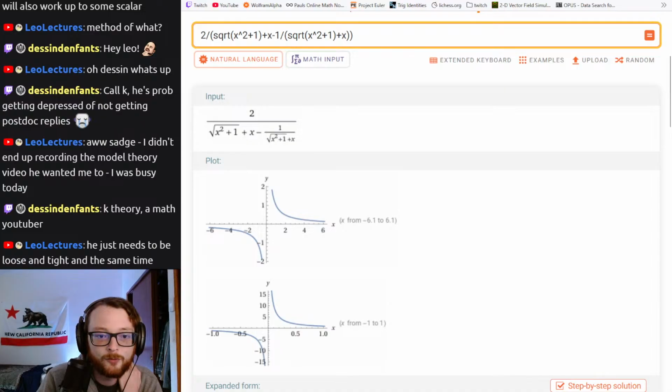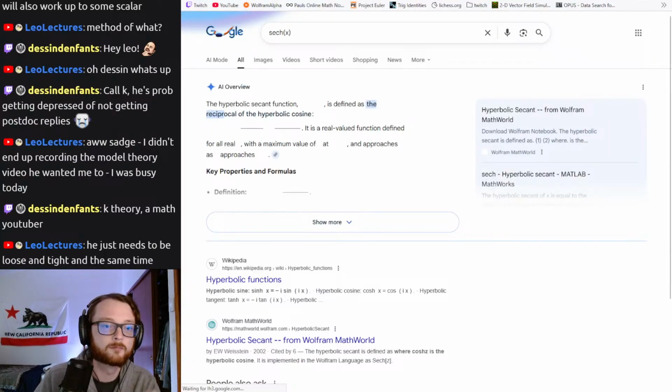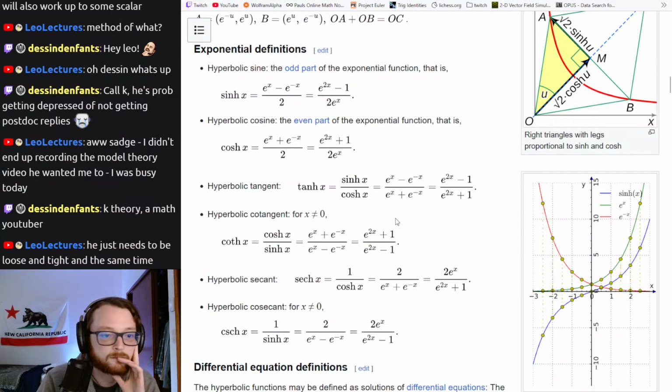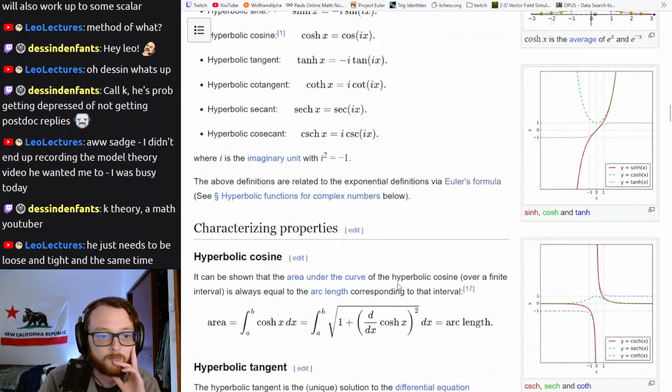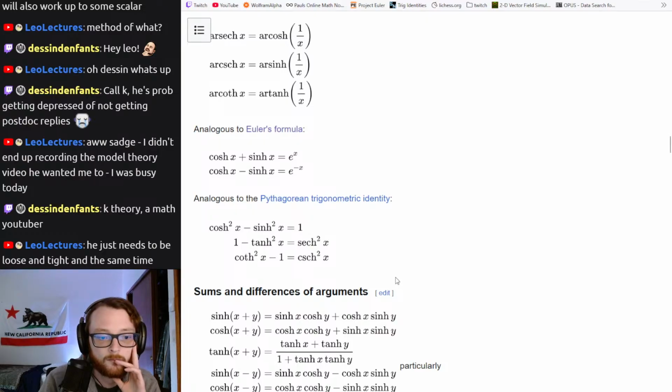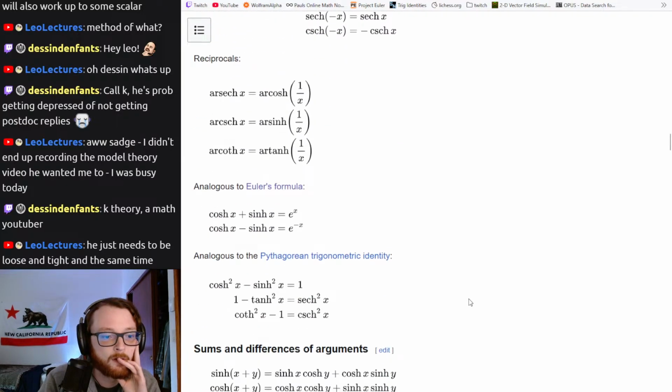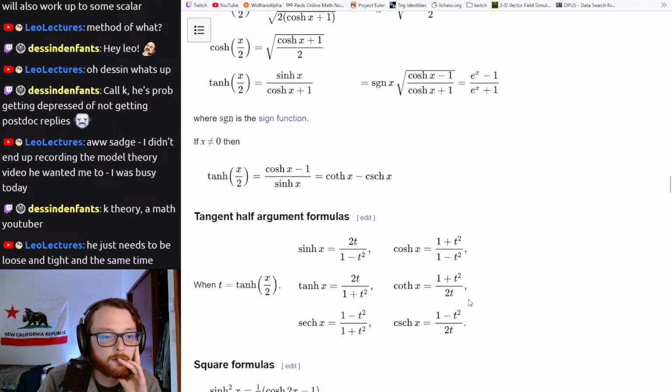Apparently, I don't know how to compose functions. Oh, never mind. What am I looking for?